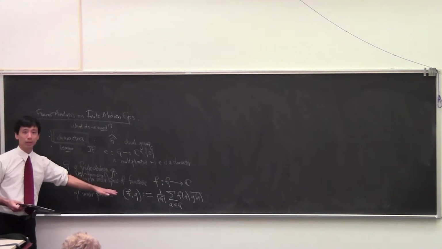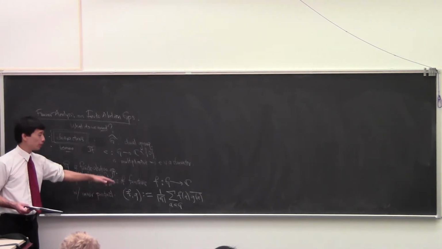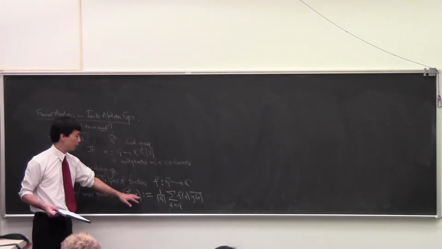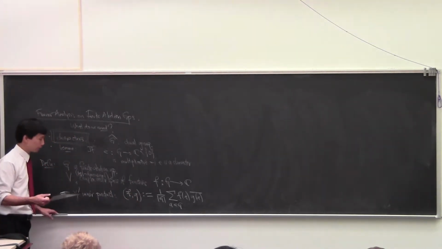So this thing makes the space into an inner product space, and you can define a norm, of course, by taking the square root of the function against itself.